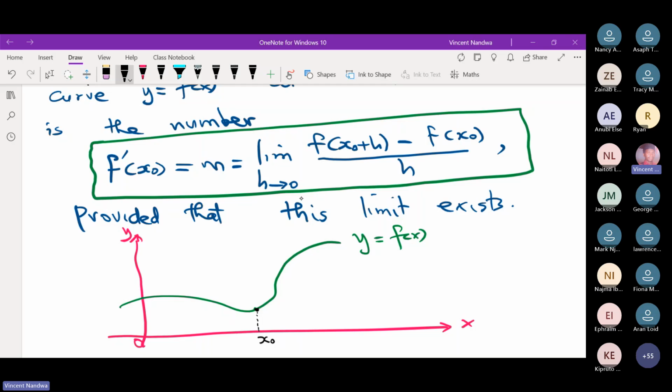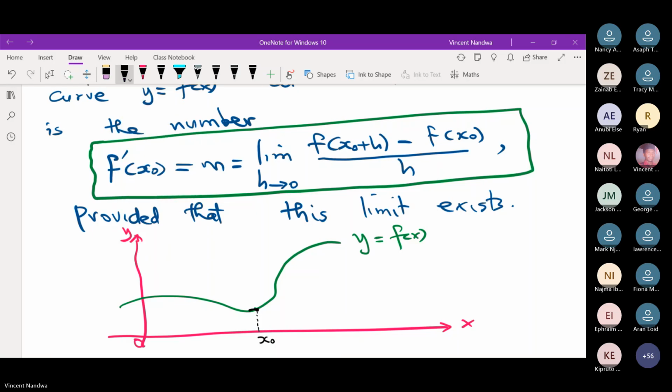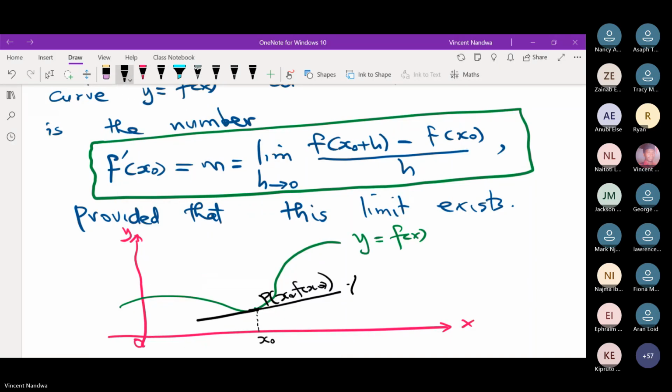This is the point P. So this line, so this is where I have P, x naught, f of x naught. So this black line is what we call the tangent, or tangent line.